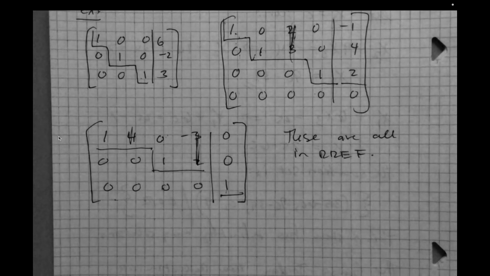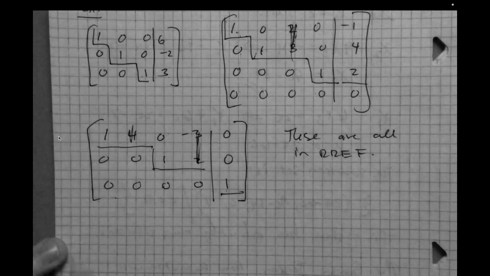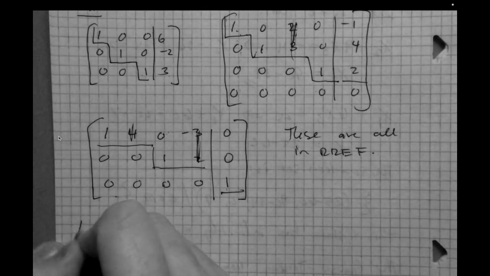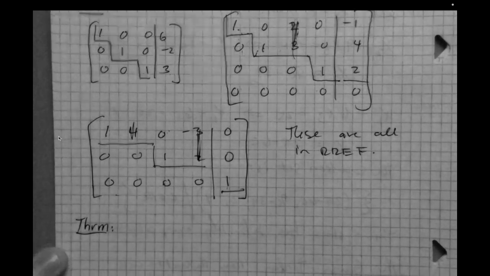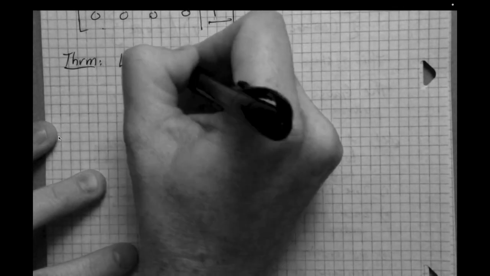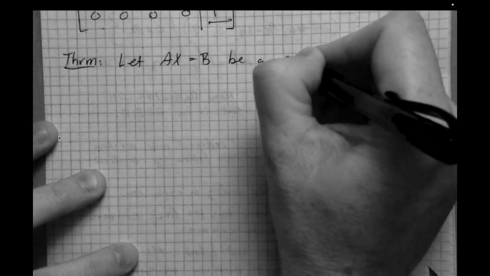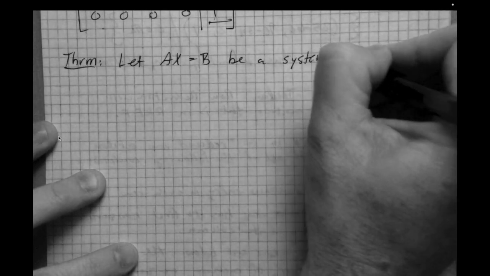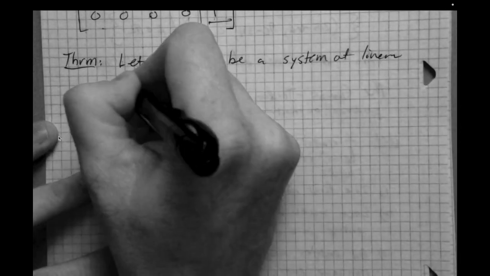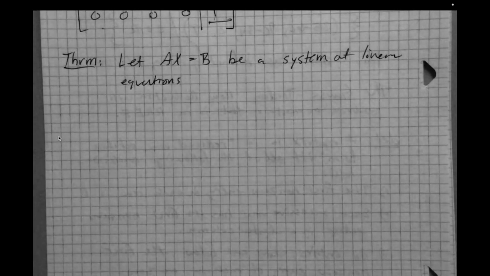All right, and so this example is a nice example to work up to the following result. I'm going to call it a theorem. So what do we got? Let AX equal B be a system of linear equations.